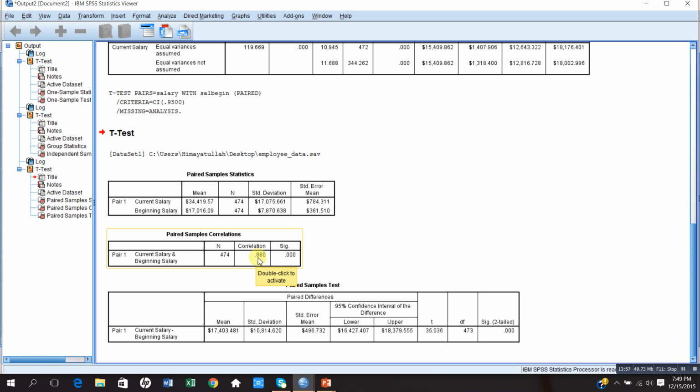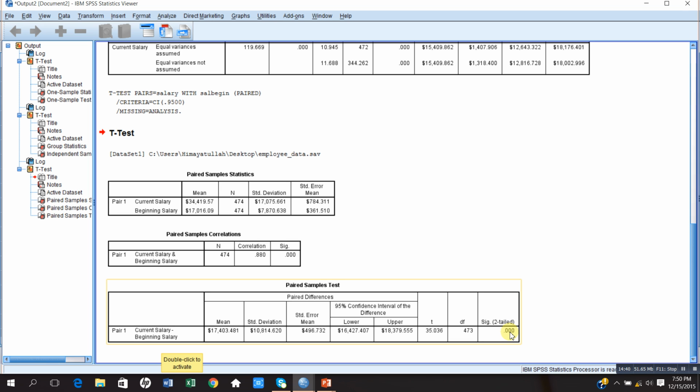Now coming to the last table, we are comparing the mean of the current salary and the mean of the beginning salary. Here it says paired differences. The mean difference is the current salary minus the beginning salary, this is the standard deviation of the differences, and this is the standard error of the mean, and this is the paired sample t-test value, which is 35.036, and its p-value is 0.000.